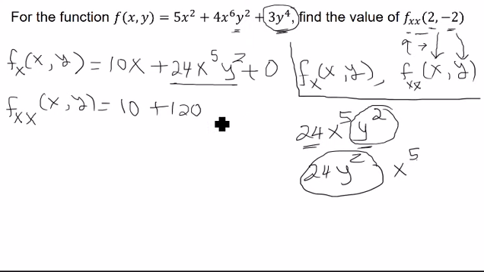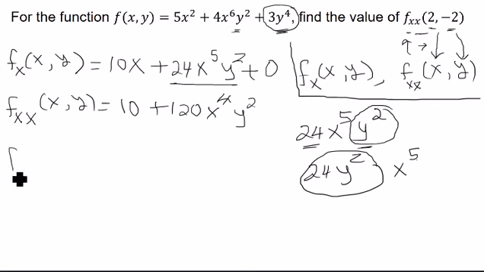And then you subtract 1 from 5, that's why x will have the power of 4. And I want to still keep the y after x, so it's going to be y squared. And then the 0 is going to disappear, so there's nothing to do here. Okay, finally, we'll have to replace x and y with their values.